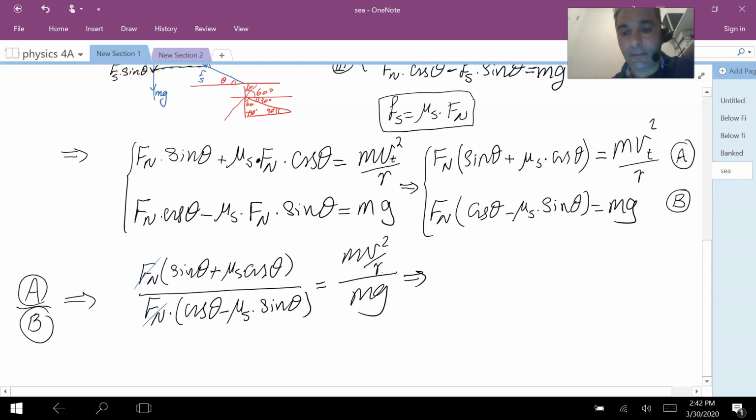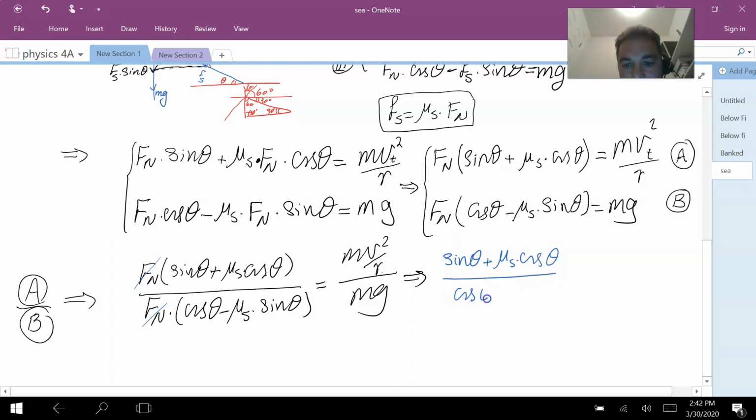I am going to have sine theta plus mu s cosine theta divided by cosine theta minus mu s sine theta, equal, m also cancelled, v square, which is tangent velocity, divided by Rg. Let me go with big R.